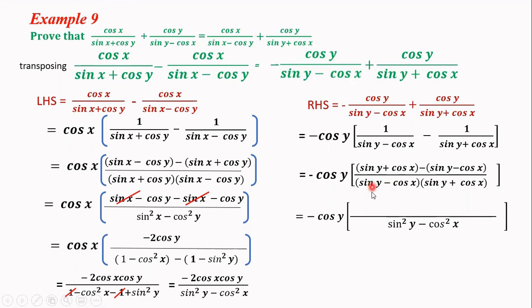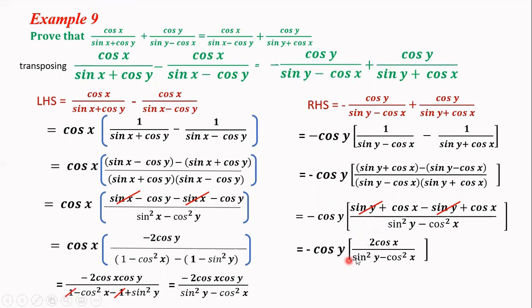In the numerator, let's open the bracket. The first bracket is open. Now the second bracket is opened by multiplying each of the terms with this minus. So we get minus sin y, and minus and minus get multiplied, so we have plus cos x. Now sin y positive and sin y negative get cancelled.